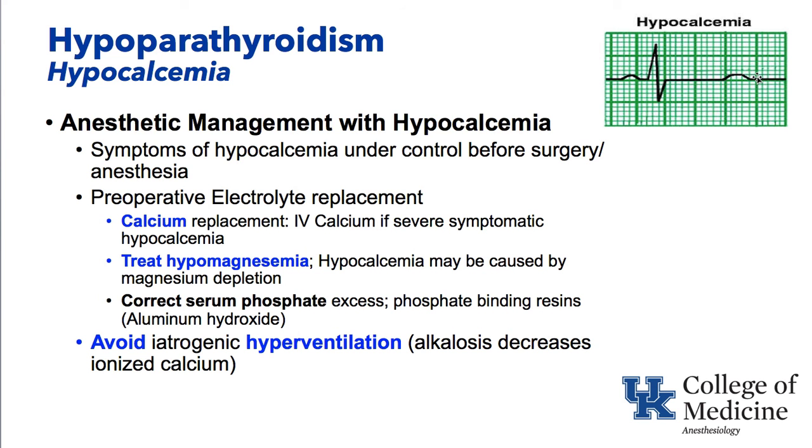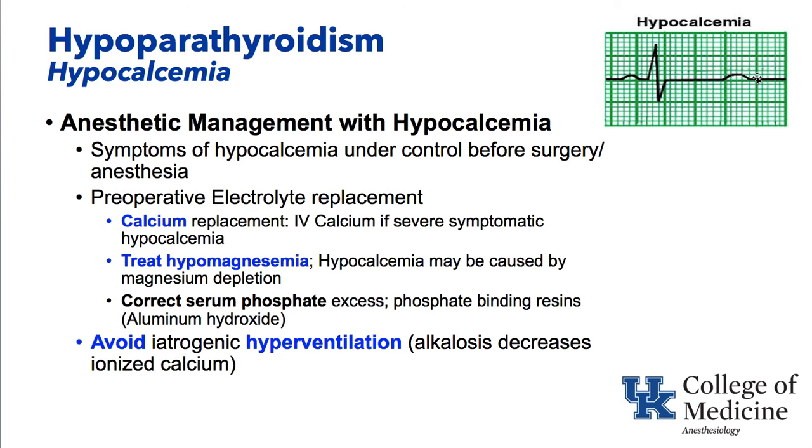Anesthetic management of a patient with hypocalcemia: try to get the symptoms of hypocalcemia under control before you take a patient to surgery. Replace their calcium with intravenous calcium if it's severe and symptomatic hypocalcemia is present. Remember to treat hypomagnesemia if it's present, because hypocalcemia may be caused by magnesium depletion.